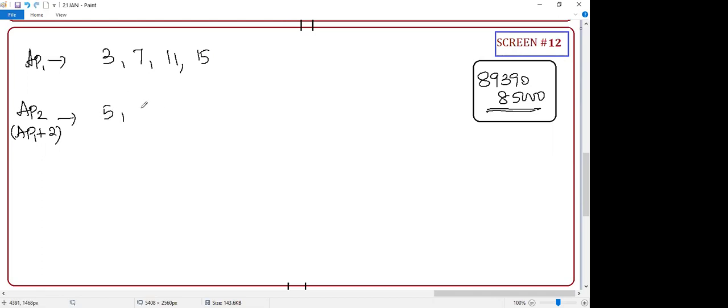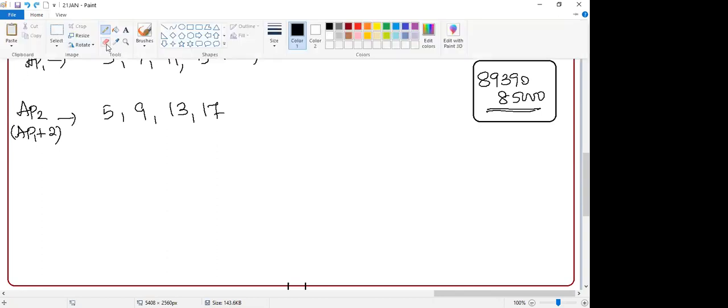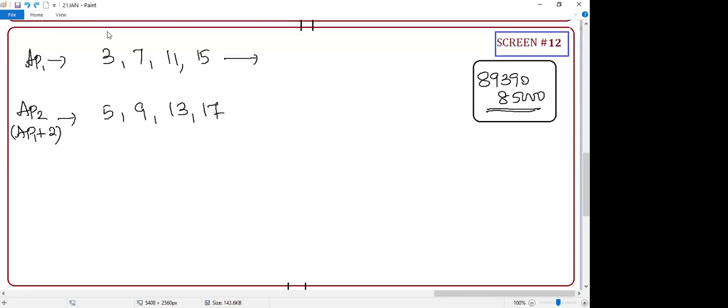5, 9, 13, 17. So what is this? It is AP, no doubt on that. And this is a new sequence; I don't know whether it's AP or not. It's a new sequence.